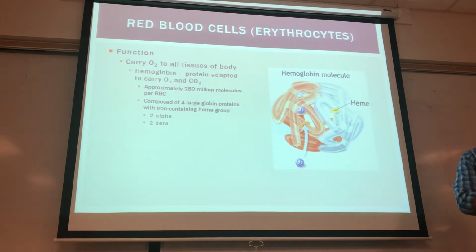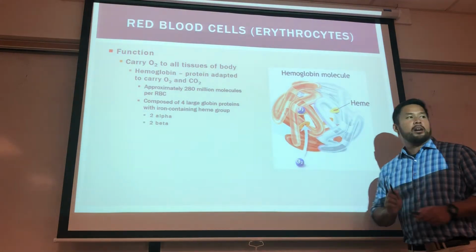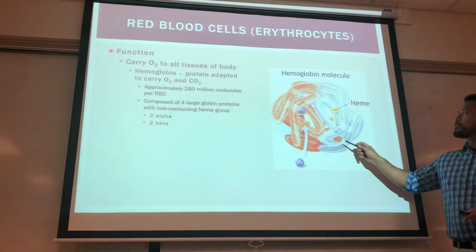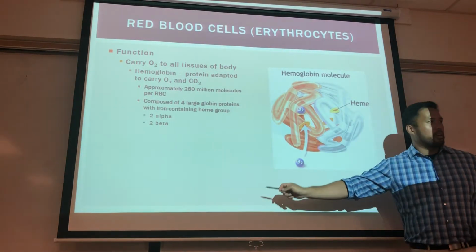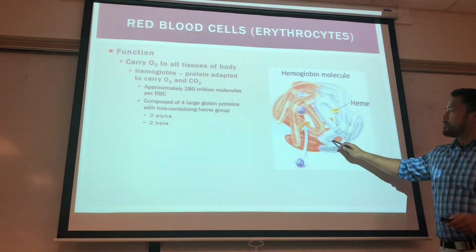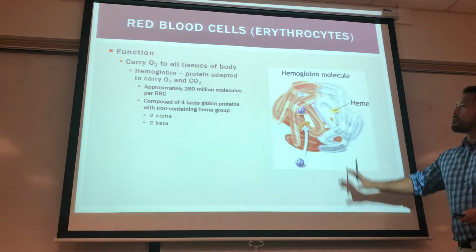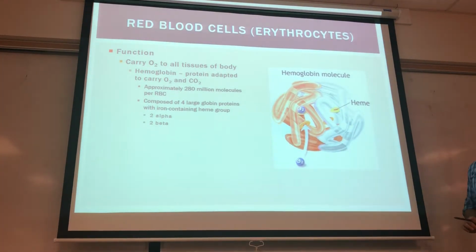Not only is it carrying oxygen, but it also carries CO2. We'll learn about this at the very tail end of our cardiovascular system lecture: how hemoglobin carries and releases oxygen, how it carries CO2, and what is involved in producing our bicarbonate buffer. So red blood cells and the hemoglobin specifically serve that function.